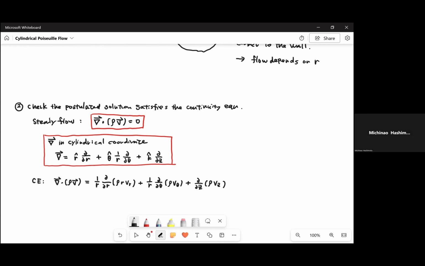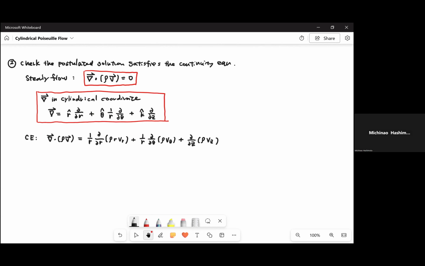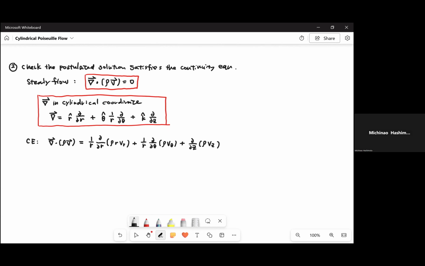This is the expression for the continuity equation, and the postulated solution that we have here is v theta is 0, vr is 0, and vz is vz that depends on the radius.